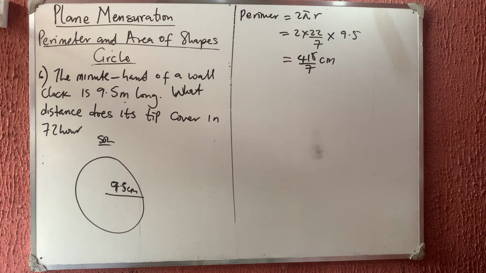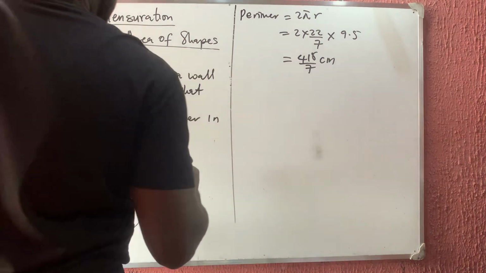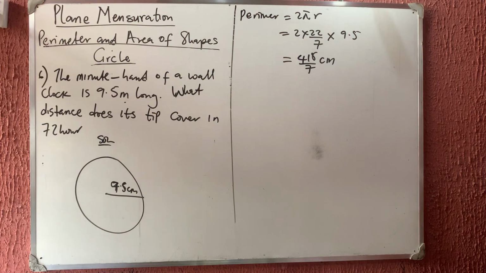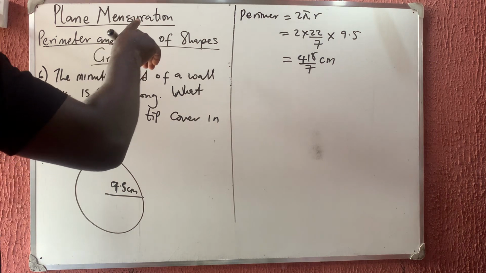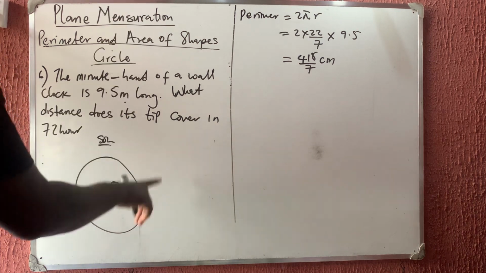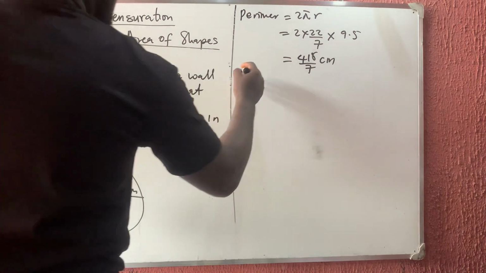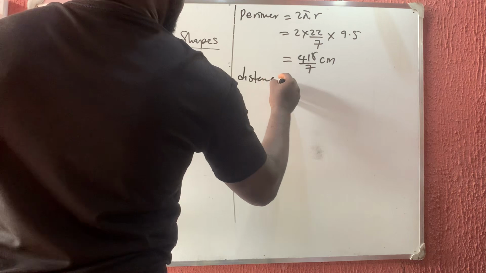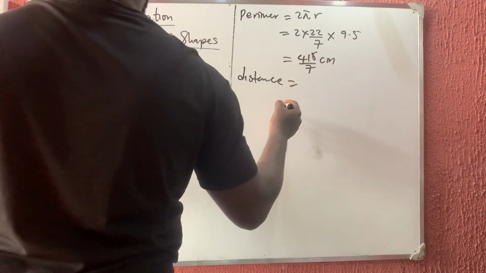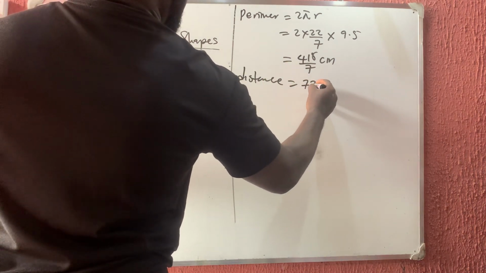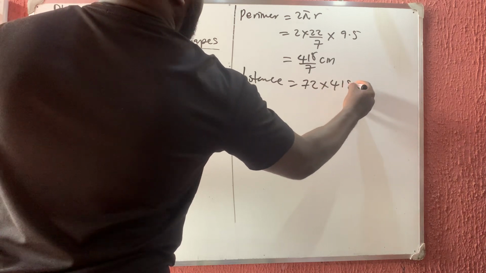Now let's see what it's going to cover. They say in 72 hours. This is the distance it is going to cover in 1 hour. So the distance in 72 hours will be 72 times 418/7.